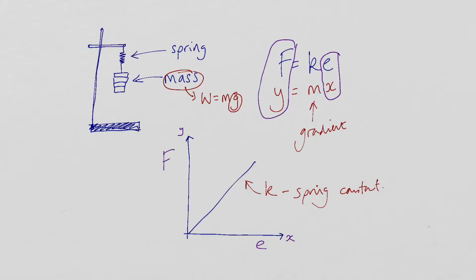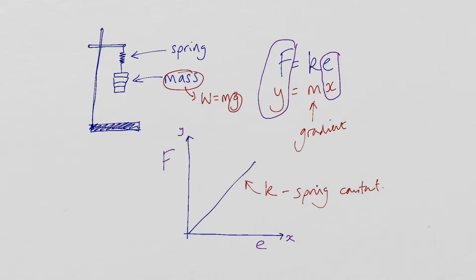In physics we also have another equation, work done, or you can think of it as energy, equals force times distance. Now if you cast your mind back to a second ago, what we've got is a force acting down, the weight, and it's moving the spring a distance.